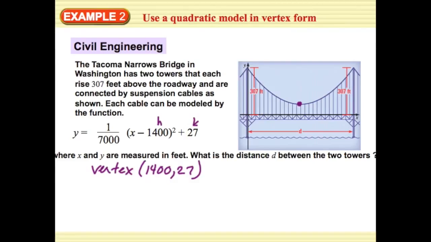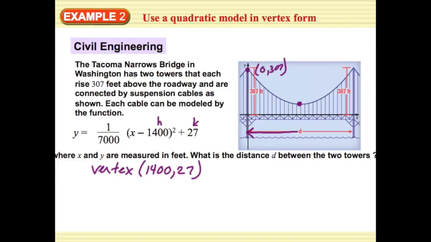And if I'm 1,400 feet away from the edge of the graph, or where my y-axis is, right? Assuming that this function starts at the y-axis and that one of my coordinate points is actually (0, 307), then the distance between that point and my vertex is 1,400 feet.